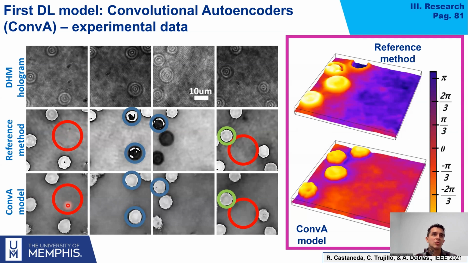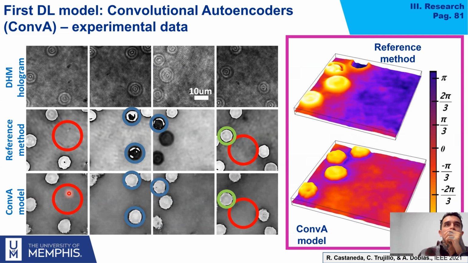In the red circles, you can observe that there is a more homogeneous background with the convolutional model. We were expecting this outcome, because the convolutional autoencoder was implemented to reduce noise, right?